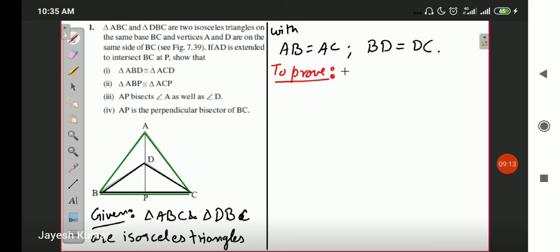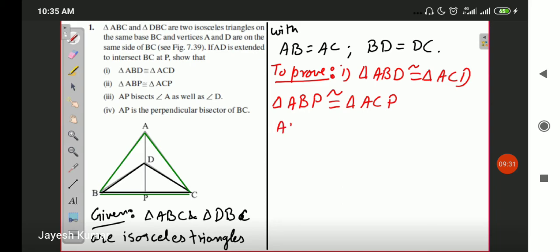First of all, we require to prove that triangle ABD is congruent to triangle ACD. Secondly, triangle ABP will be congruent to triangle ACP.